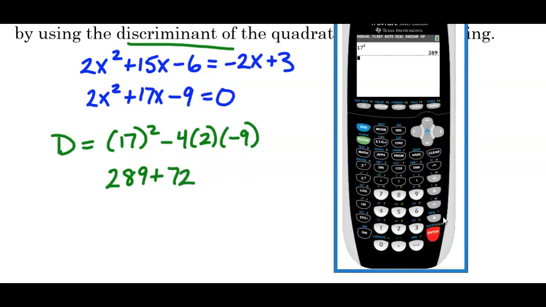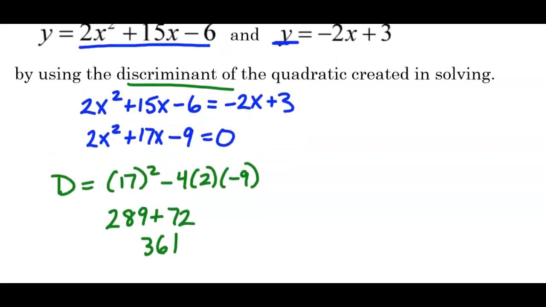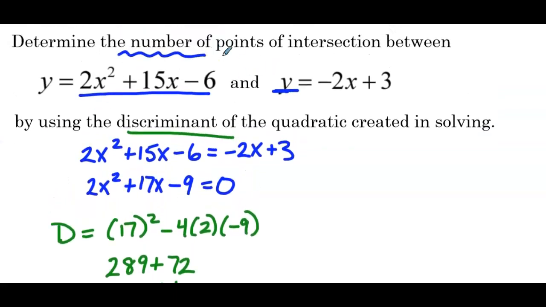So we can go back to the calculator here. 289 plus 72, that's 361. Okay, so the discriminant is positive. So when we had a positive discriminant, we had unequal solutions, which means there's 2 of them. Well, if there's 2 solutions in the quadratic formula, that means we're going to have 2 points of intersection. Okay, so we have 2 points of intersection.